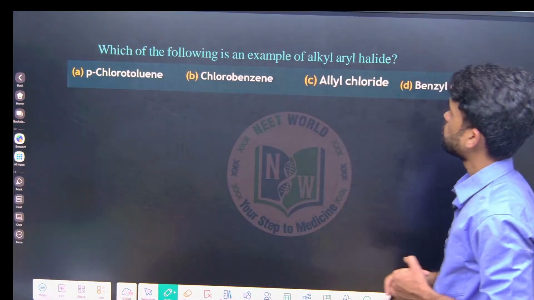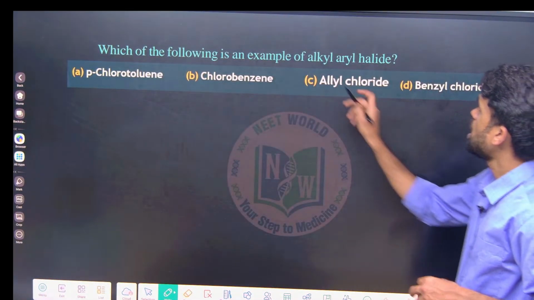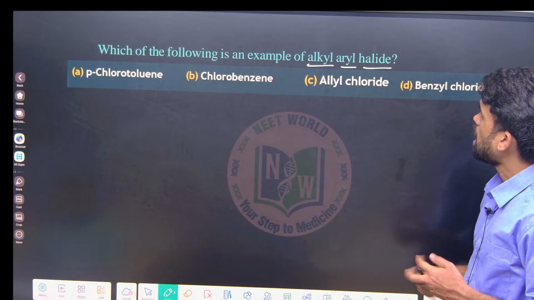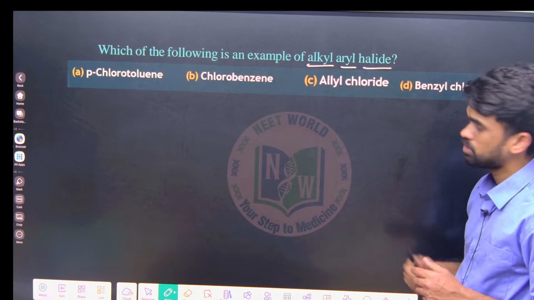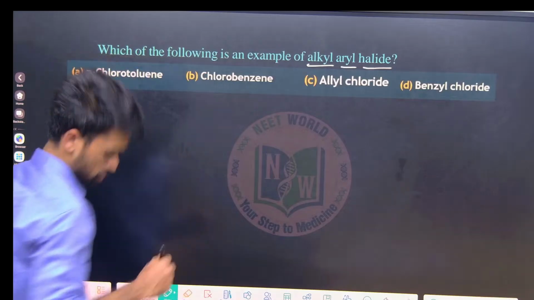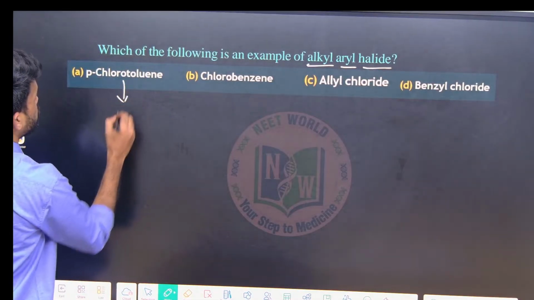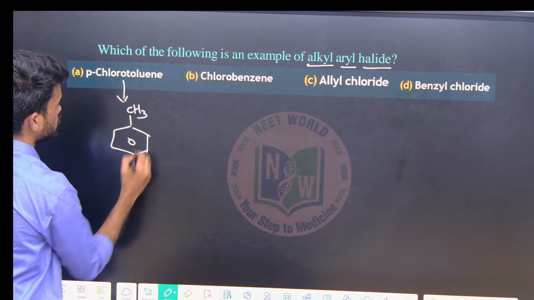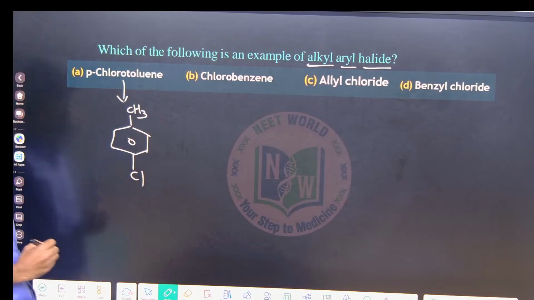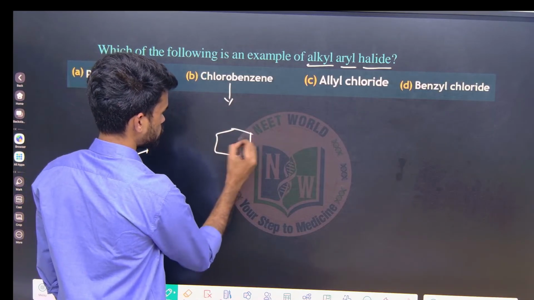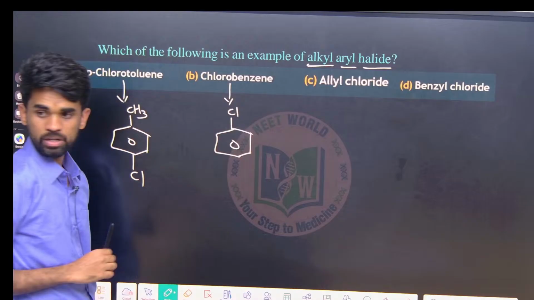Tell me this one, which of the following is an example of alkyl aryl halide? Write the structures. Parachlorotoluene. What do we mean by toluene? CH3 and Cl. Parachlorotoluene. This one is chlorobenzene, benzene with chlorine, phenyl ring with chlorine.